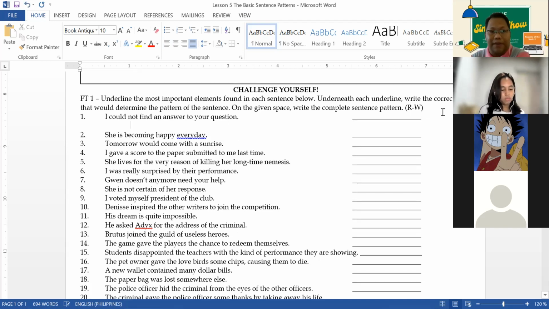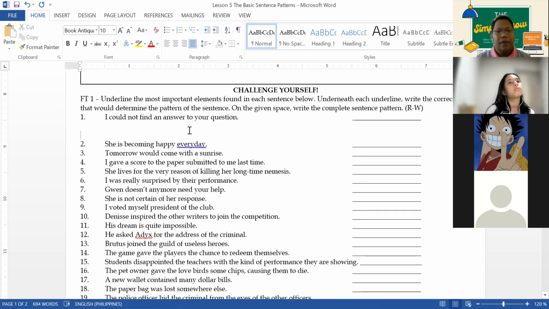For example, this of number 1. What are to be underlined? We begin with our I. And then you underline could. Together with that is find. And then we have answer.